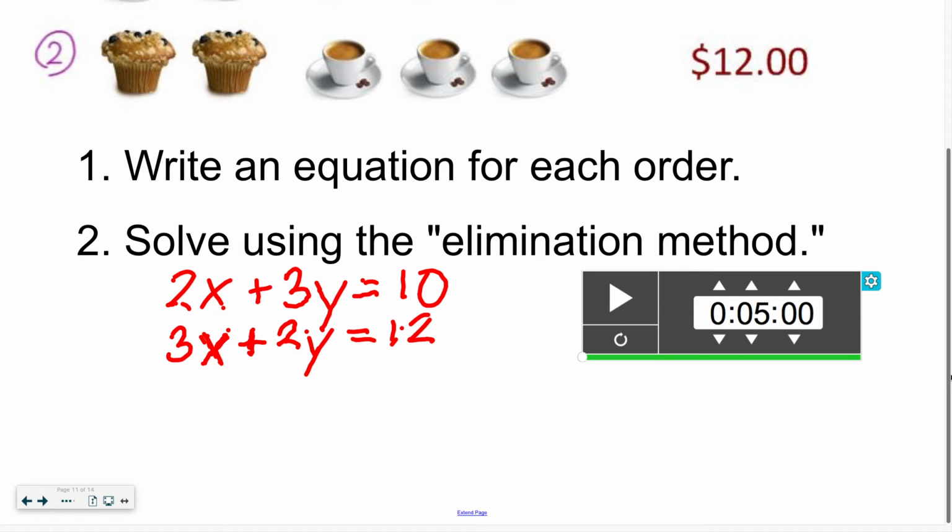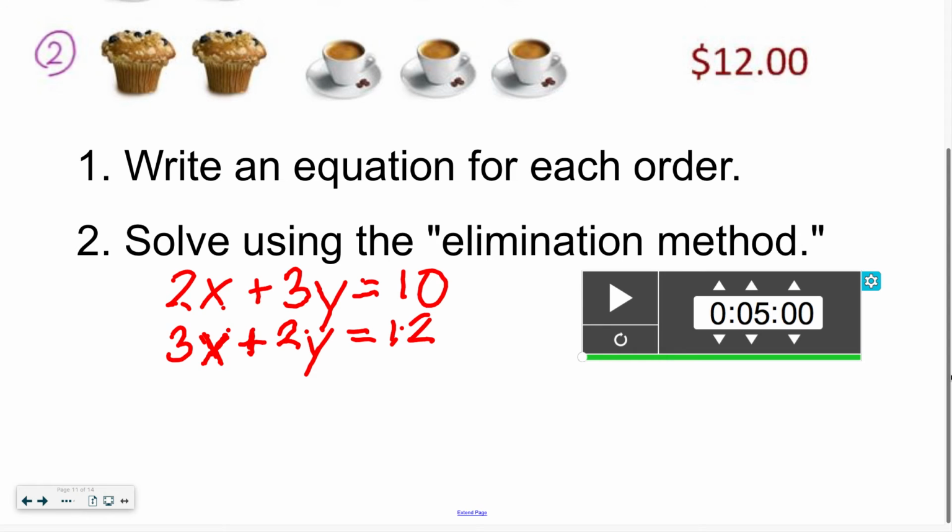Do we eliminate any variable? What do you get if you add both equations together? 5x plus 5y is 22. So nothing easily eliminates. So what do we need to do? What did we do during the lesson when the equations didn't easily eliminate? Right, so if we multiply, what do you want to multiply by?